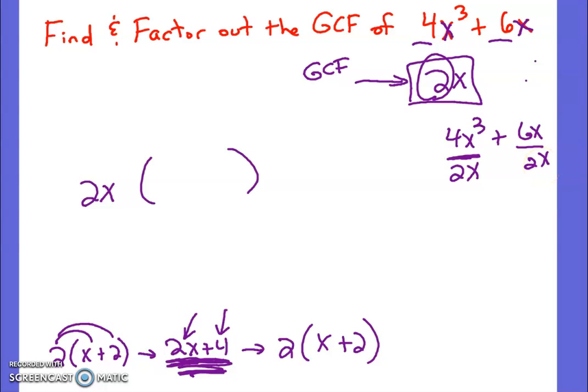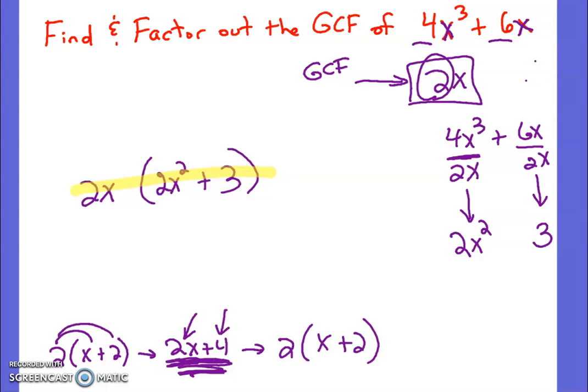And what remains is what goes inside that parenthesis. So when I simplify this, what do I get? Well, I get 2x squared. When I simplify this, I get 3. So this is the answer of factoring out the GCF.